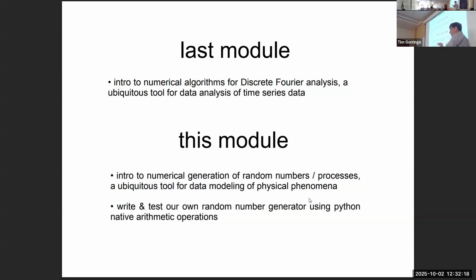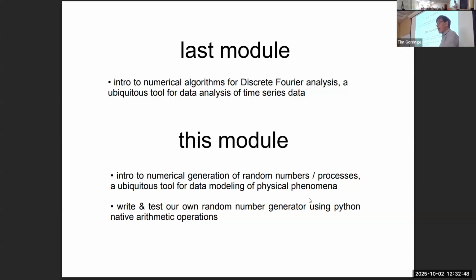Today's class and next few classes, we're going to turn to the topic of random numbers and random processes. More specifically, in this class, we're going to talk about the calculation of random number sequences. And then in later classes, we're going to talk about various random physical processes.